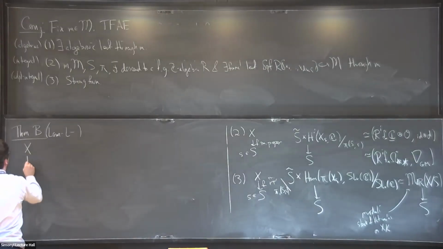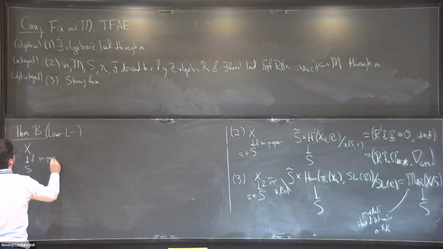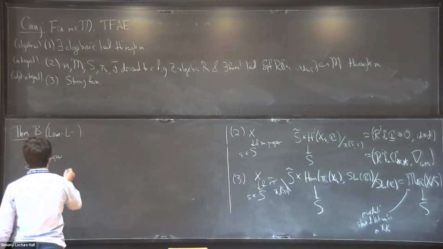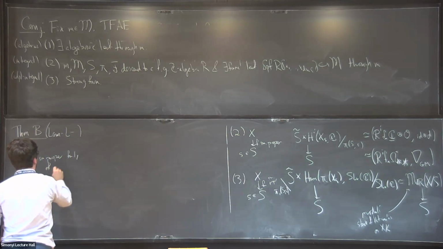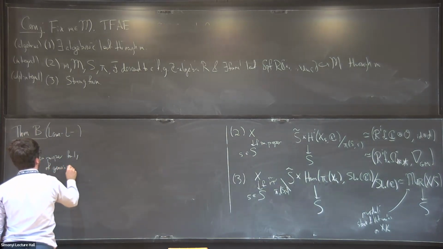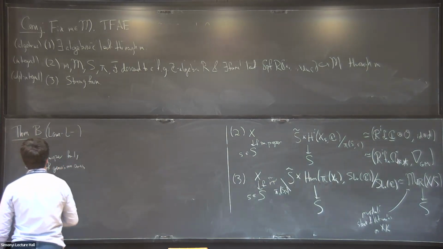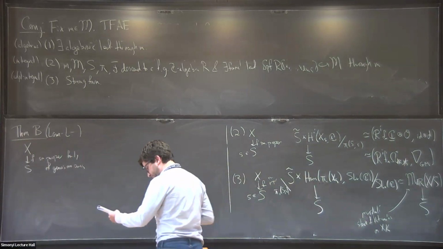So again, I'm going to look at a Gauss-Manin connection, Picard-Fuchs equation. And so here I'm going to take X to S to be a smooth proper family of genus 1 curves, like elliptic curves.